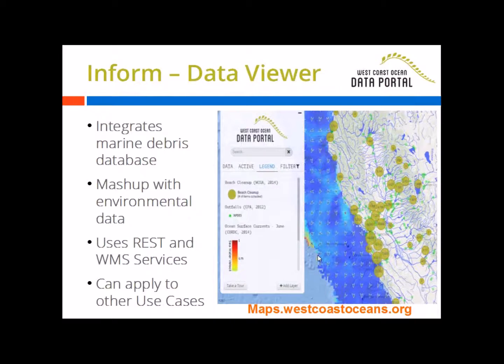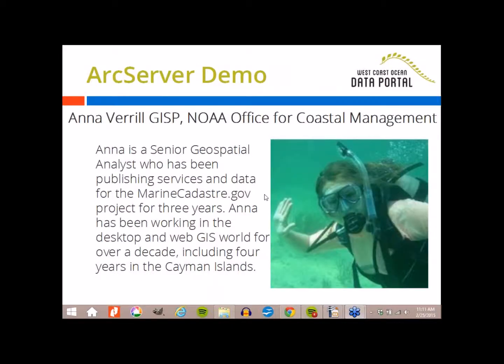The last thing that we focused on, and that was most recently launched, was a data visualization tool that was developed in conjunction with the marine debris community here on the West Coast to provide them with some data and tools to help them address questions and policy outcomes that they needed tools and support around.